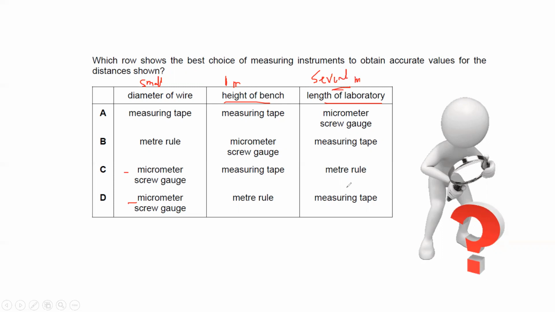So if it is several meters, we need a measuring tape. Both a meter rule and a measuring tape have the same accuracy, but a measuring tape can measure a length of more than 1 meter, while a meter rule can only measure a maximum of 1 meter. That is why D is the right answer. Is it clear?